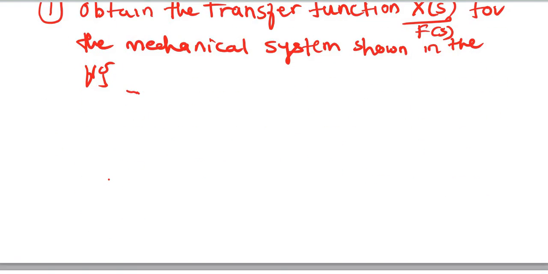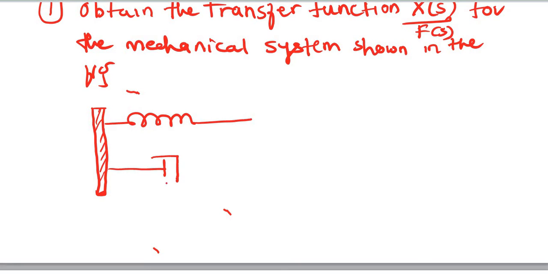So first let me draw the system. The system is like this. This is the fixed support, spring, then there is a damper or a dashpot, and there is this mass M. Okay, mass M. This is the mass.